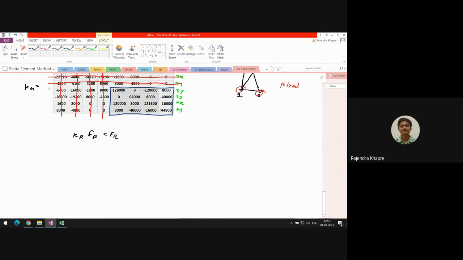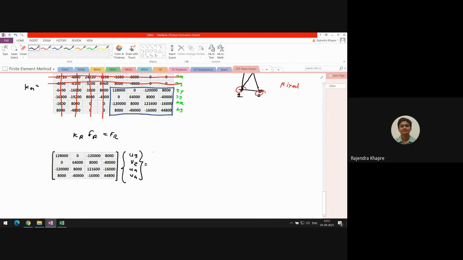Let me copy this, and let me paste this. So this will be your final reduced stiffness matrix. Of course, this will be multiplied with, let us say, u in the third direction, v in the third direction, then u in the 4 and v in the 4.